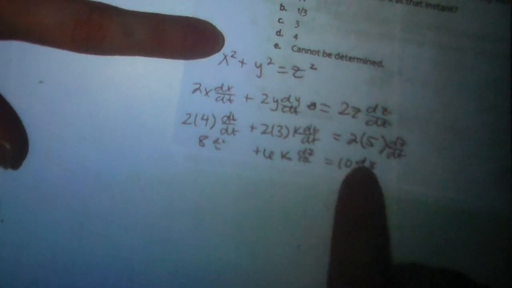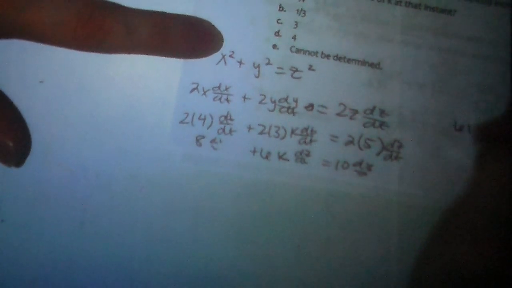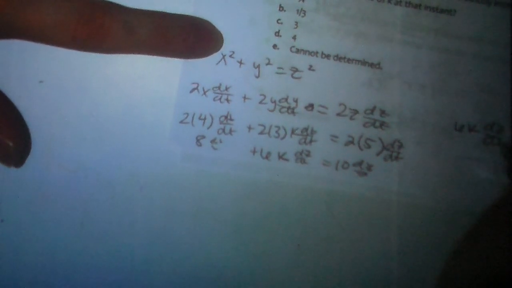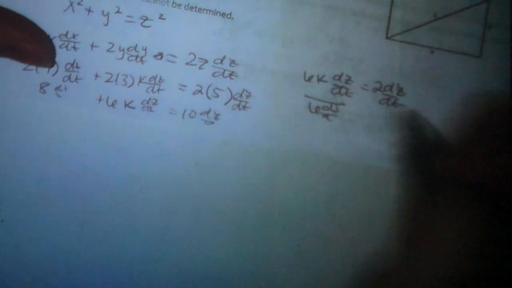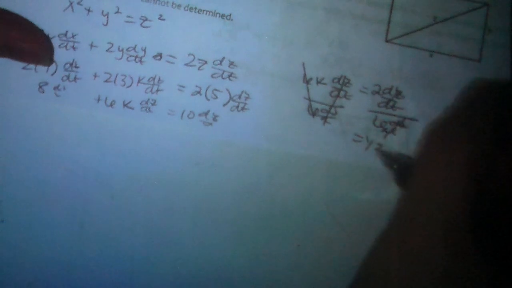So these two are like terms because they both are just a number with dz dt. So subtract that over, you get 6k dz dt equals 2 dz dt. And then to get k by itself, divide by 6 dz dt. I really hate writing dz dt over and over. This cancels out. 2 over 6 is 1/3.